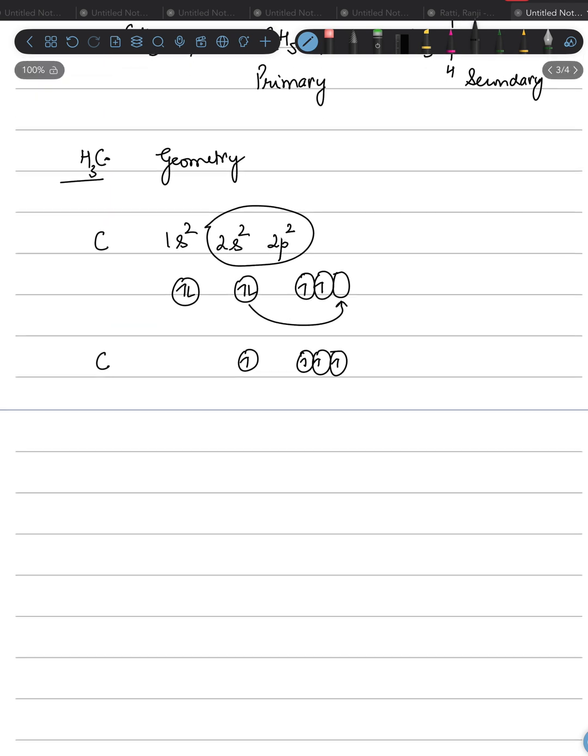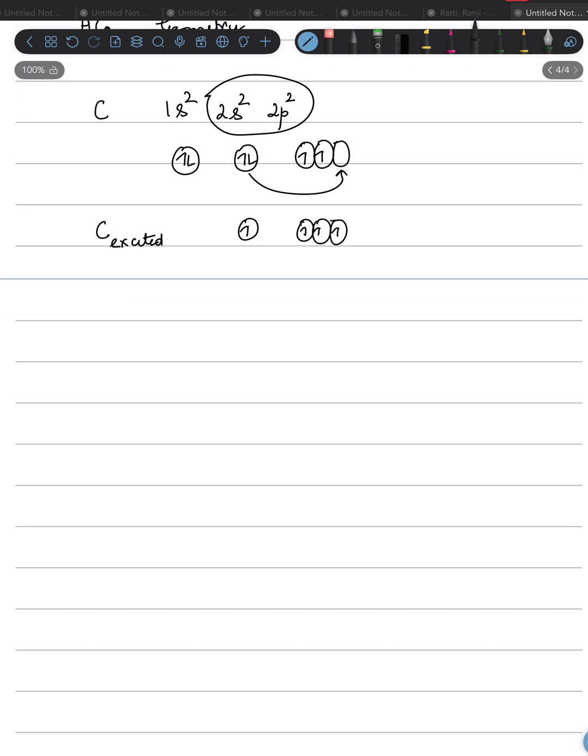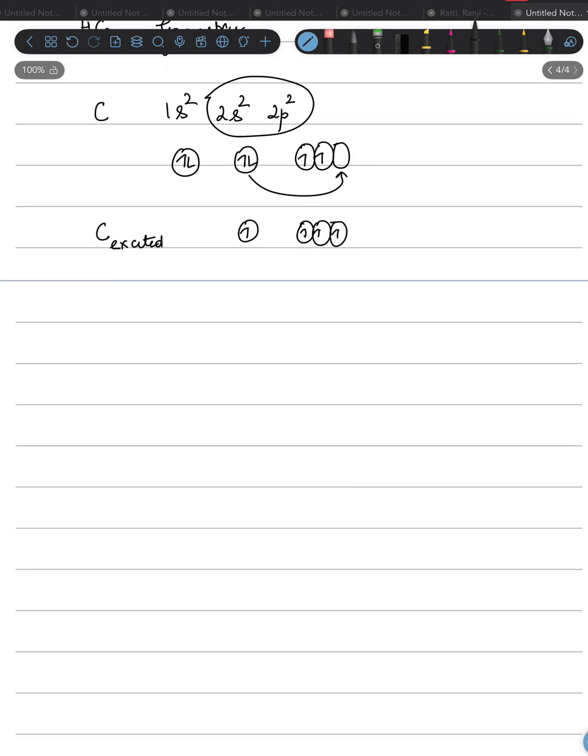So this is carbon in the excited state when the bonding happens. Now in this state, carbon undergoes sp2 hybridization because in the methyl radical you have 3 bonds and 1 odd electron, right? So it undergoes sp2 hybridization. And this is the unhybridized p orbital.